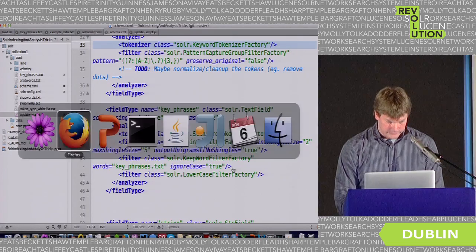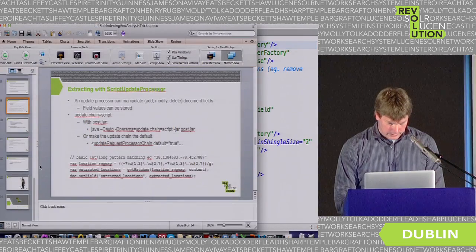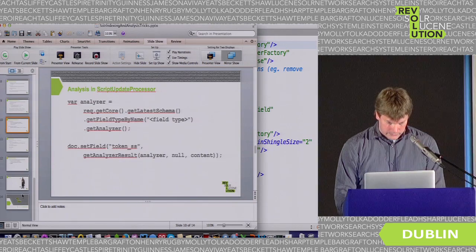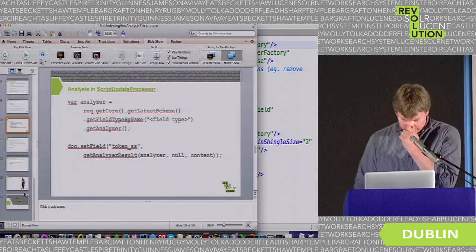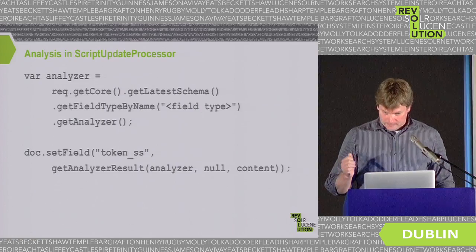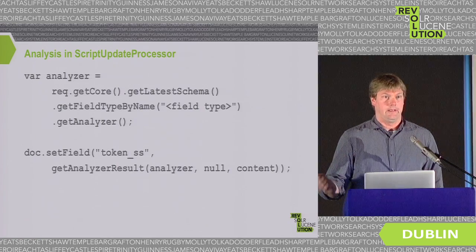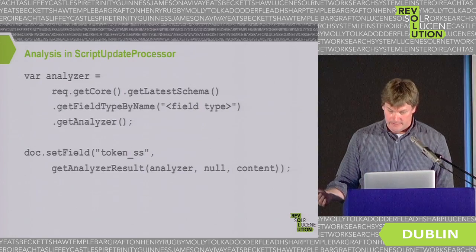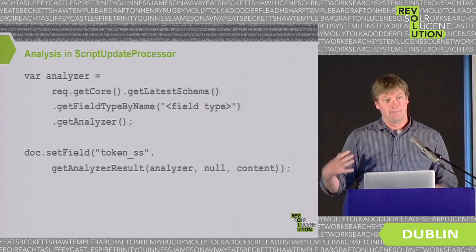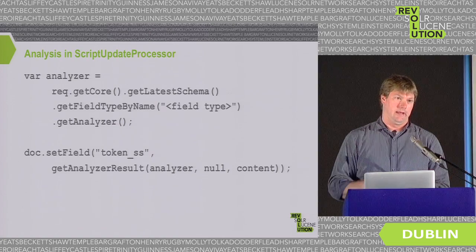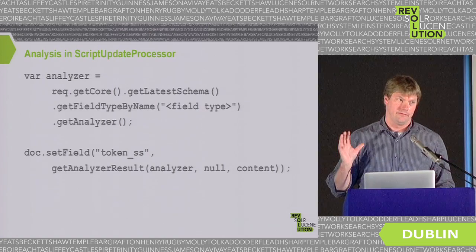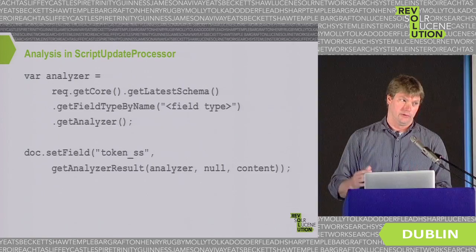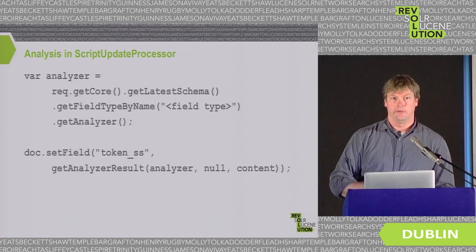Let's just see what's next slide-wise here. The next one, let's pull the slide up first, is to use this analysis chain inside of the script. Sometimes you want to leverage the richness and the power of all of Lucene and Solr's tokenizers, token filters, and so on.